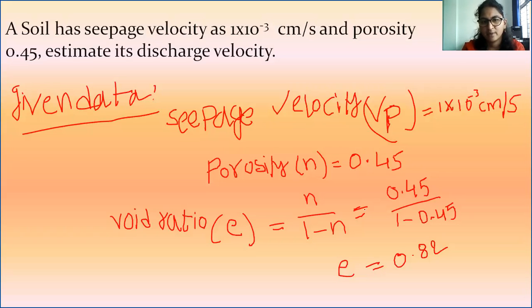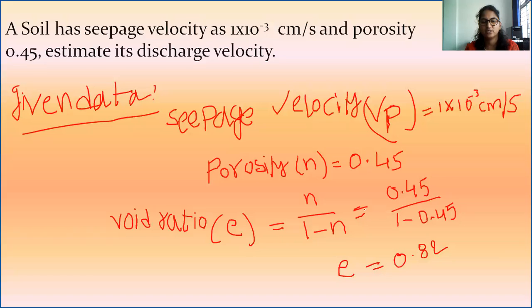V suffix p is 1 into 10 to the power of minus 3. And porosity, what is the abbreviation of porosity? The porosity is n. So you should know that porosity is n, seepage velocity is V suffix p, and void ratio is e. Otherwise you cannot solve these types of problems.